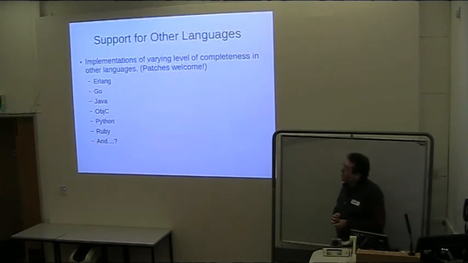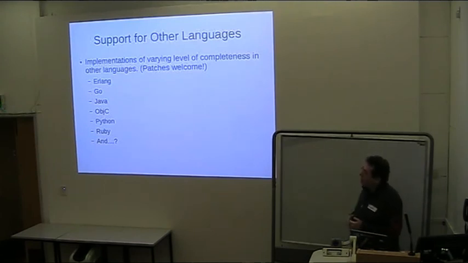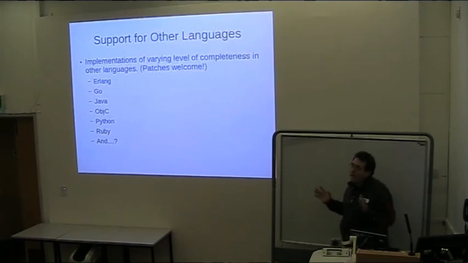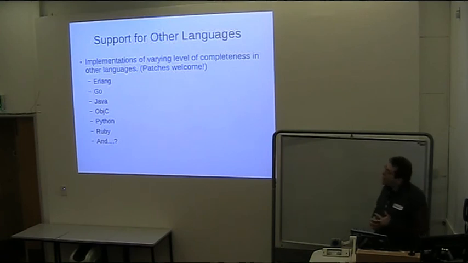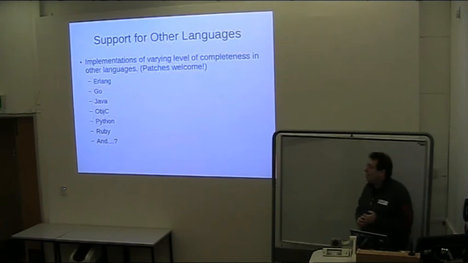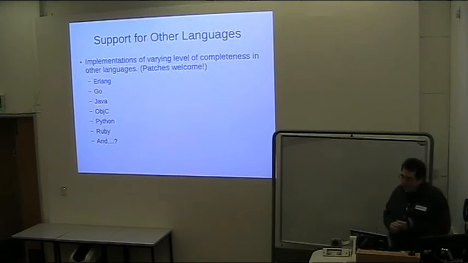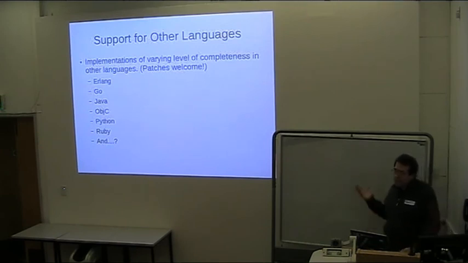The completeness of the Erlang, Objective-C, Python, and Ruby implementations, I can't attest to. I know that some real effort's been put into the Erlang one recently, but I can't really say much more than that. Again, anybody that's interested, we would love to see it.